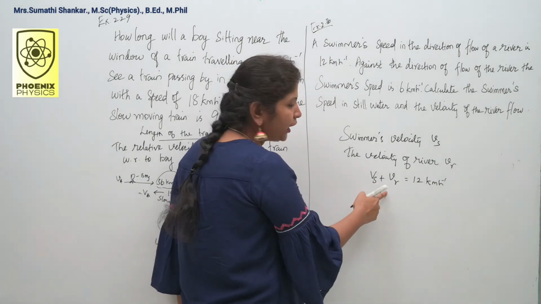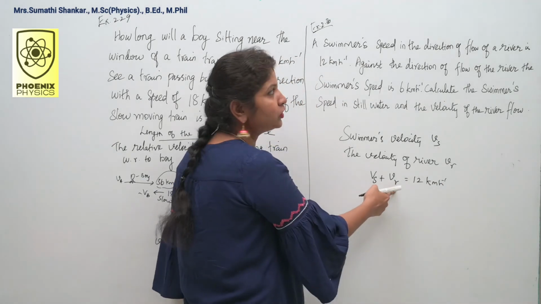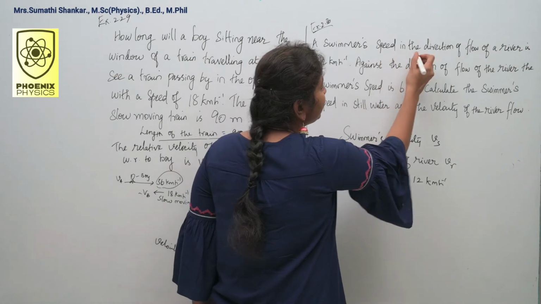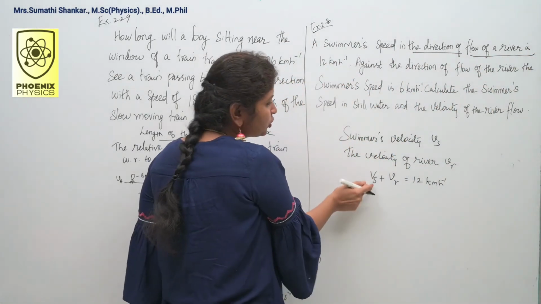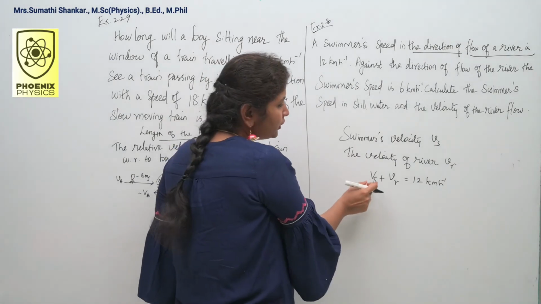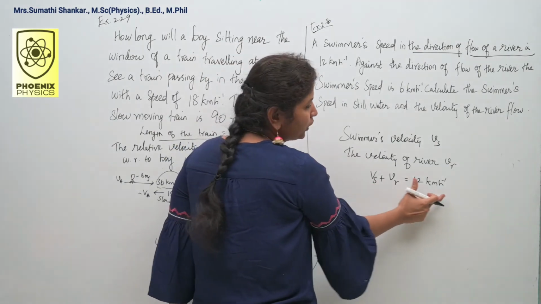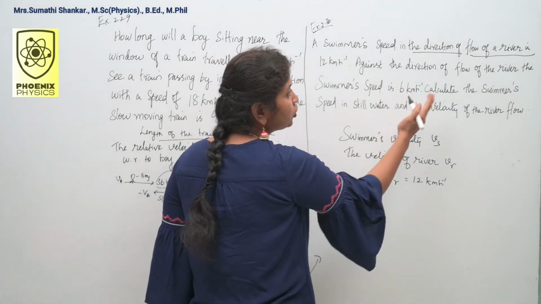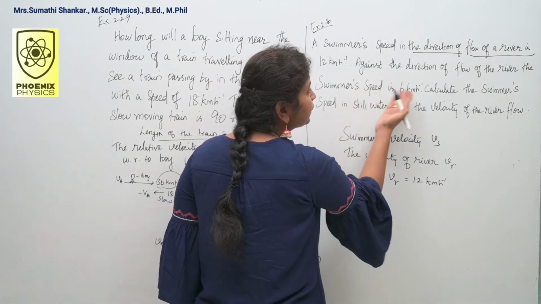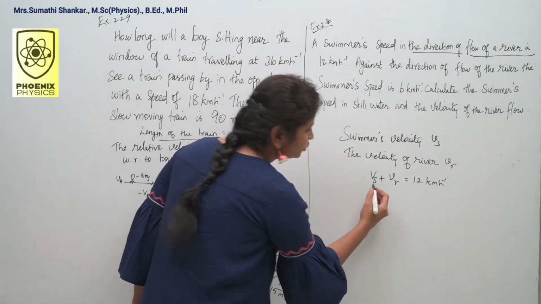Why did I add these two velocities? Because it is the swimmer's speed in the direction of flow of the river. So you should add both the velocities, that is equal to 12 km per hour. Against the direction of flow of the river, the swimmer's speed is 6 km per hour.